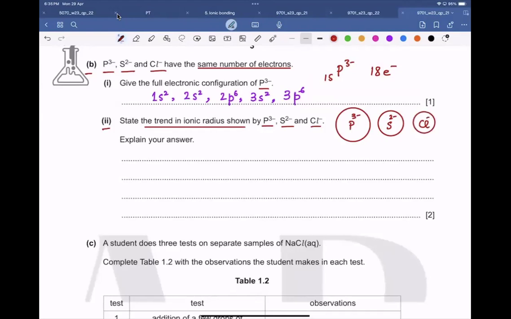And it is because as we move from phosphide to sulfide to chloride, the nuclear charge increases and the number of extra electrons decreases, due to which there would be lower repulsion between the valence shell electrons, and as a result, the size decreases.